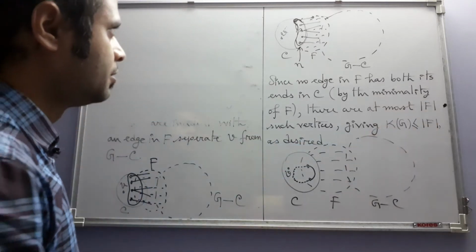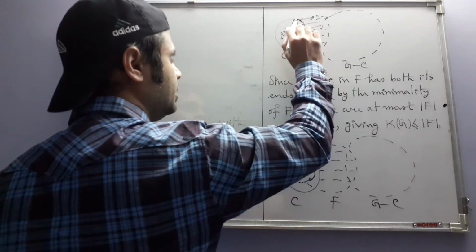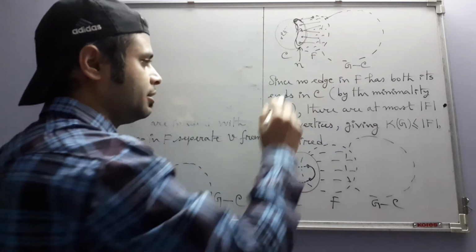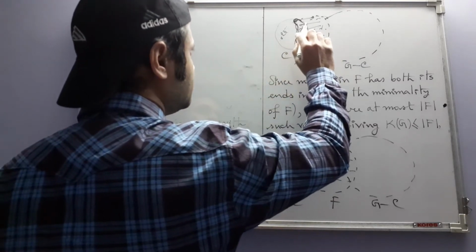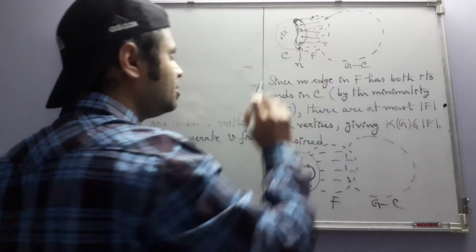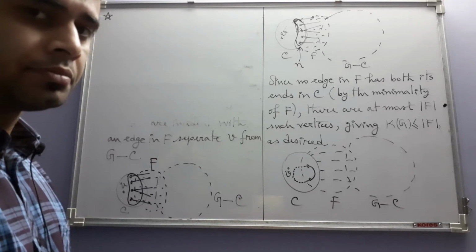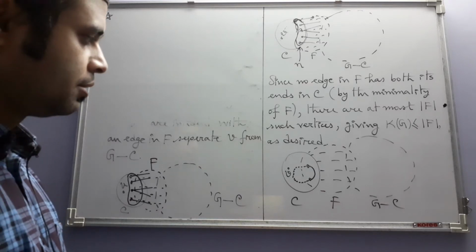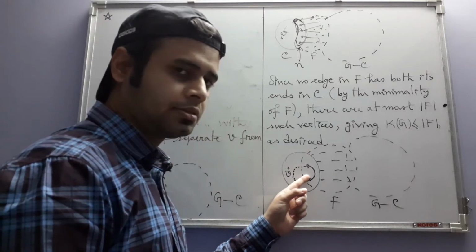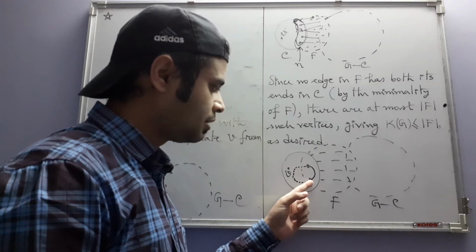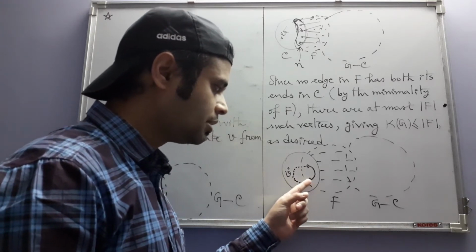How? Note that the way we have chosen these vertices, each vertex corresponds to an edge in F with which it is incident. Now, can two different vertices be incident with the same edge? No, because that happens only when two such vertices in C are incident with the same edge.